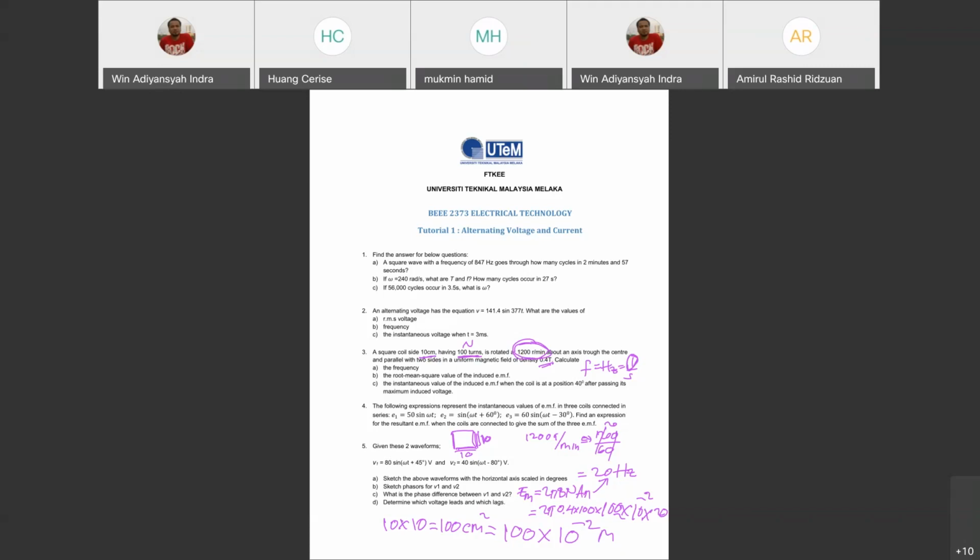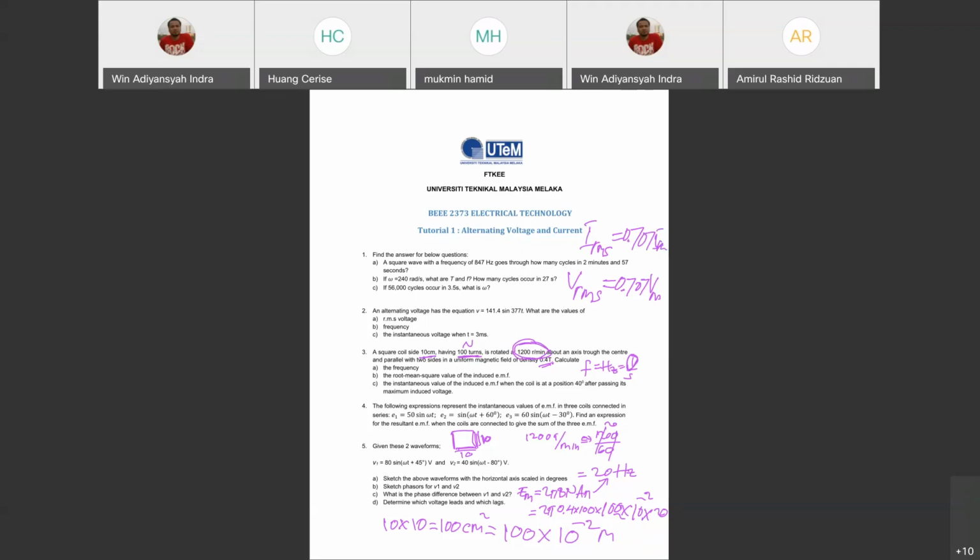So you get the value, but the question is asking for the RMS value, root mean square. If you still remember, for example, I RMS equals I maximum over root 2. It's the same here.